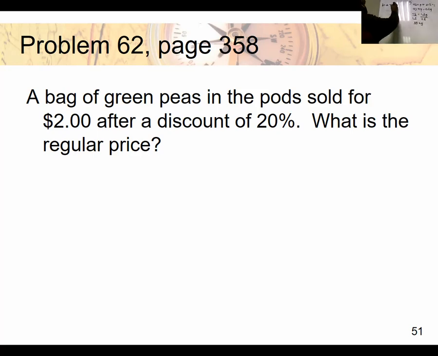So it'll be A minus P percent times A. After a 20% discount, it was sold for $2. So this $2 is equal to A, which is what we're trying to find, minus P, which is 20%, and we know that as a decimal is 0.2, times A.